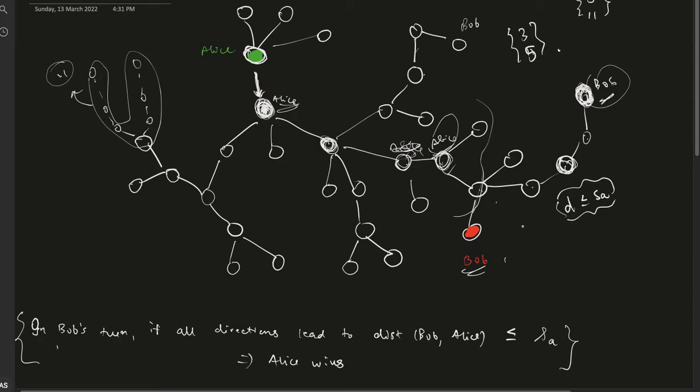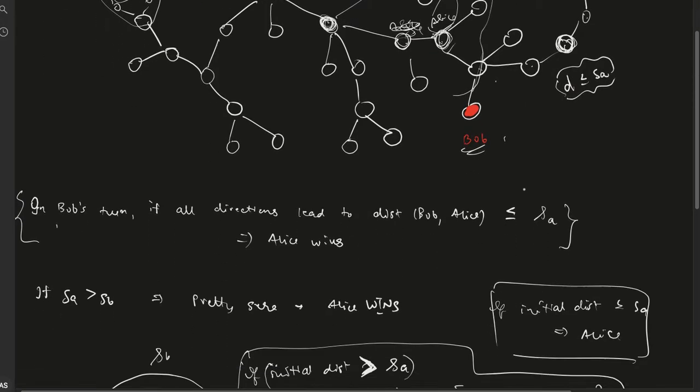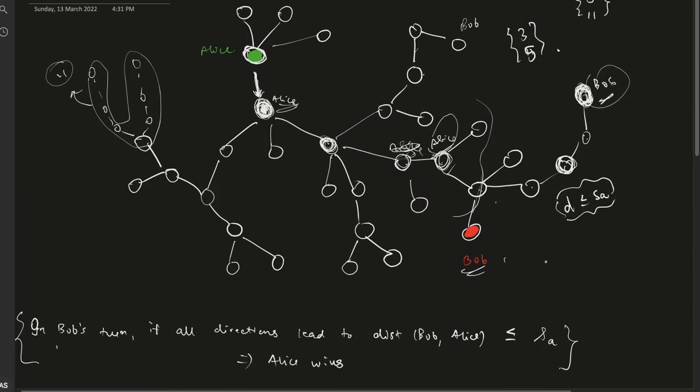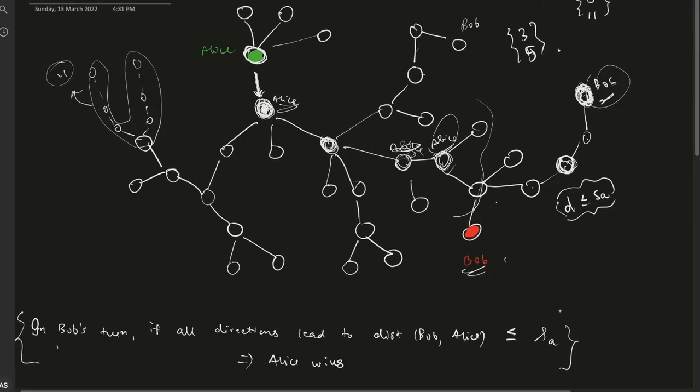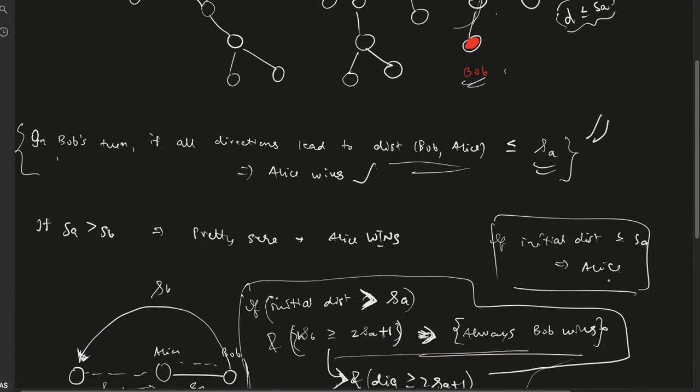So, upon doing a bit of casework, upon solving and drawing a few examples, you'll be able to notice the following. The first case is if initially the distance between Bob and Alice is less than or equal to SA, Alice will win. This is a trivial case.